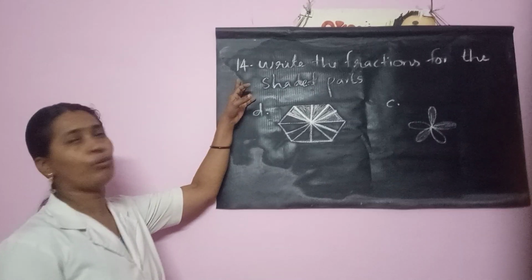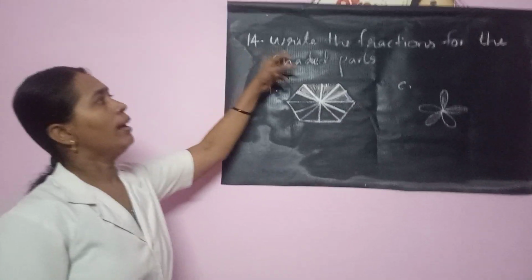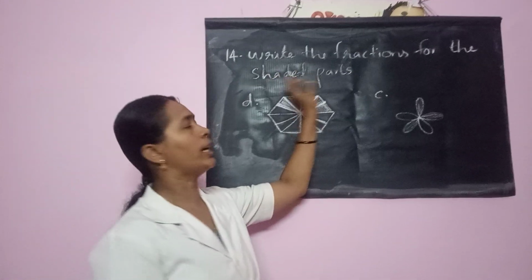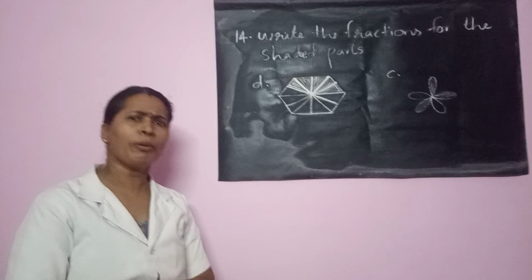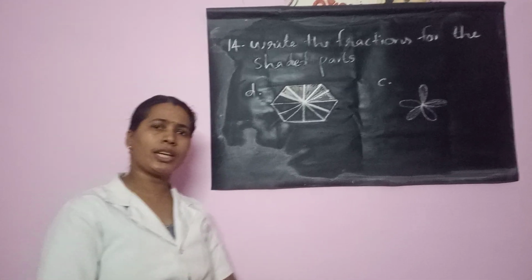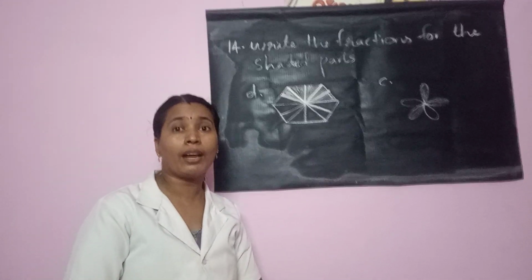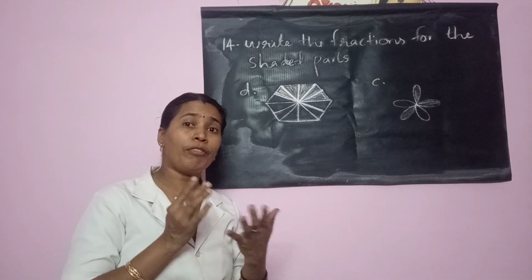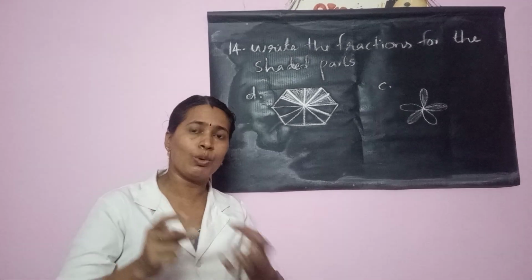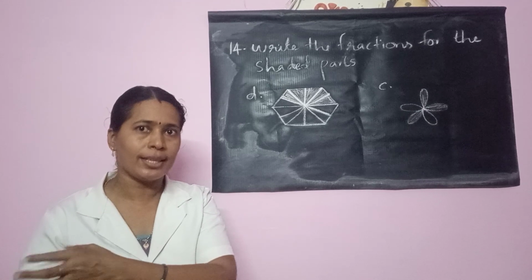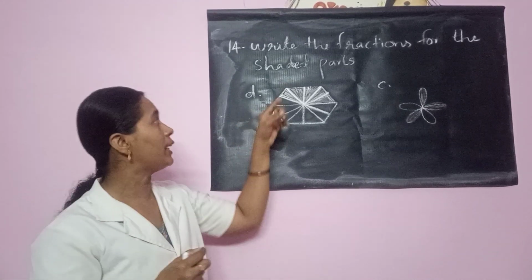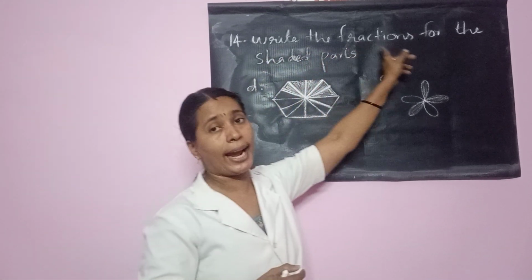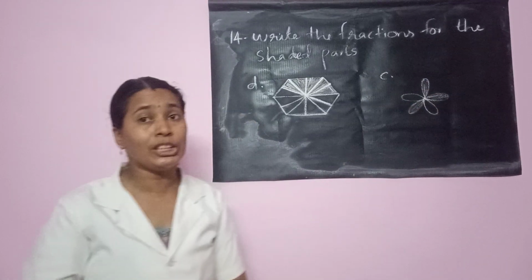Now let us move to 14th question. See the question. Write the fractions for the shaded parts. What is meant by fraction? What is a fraction? Part of a whole. When we cut something into small parts, each part is represented using fraction. Fraction means which form?